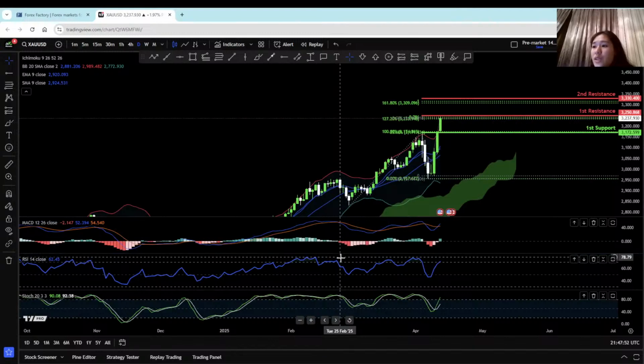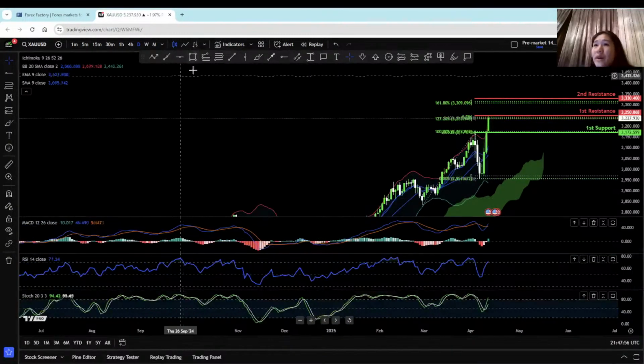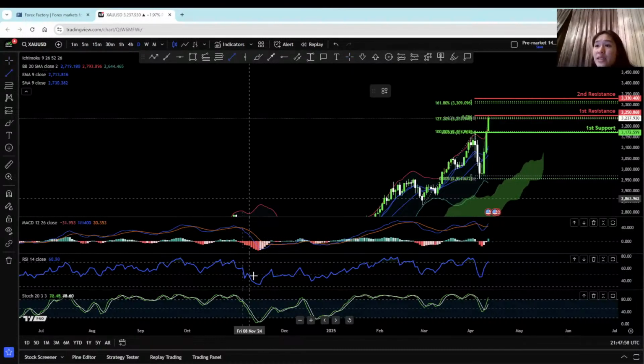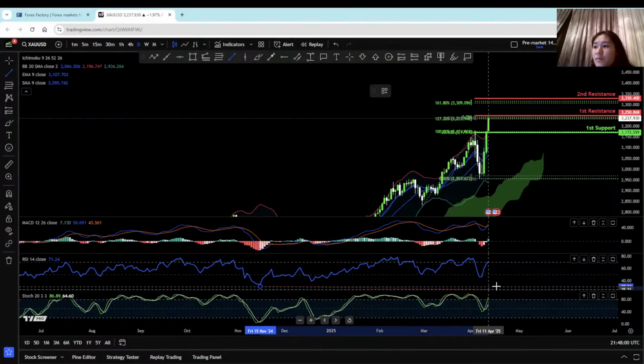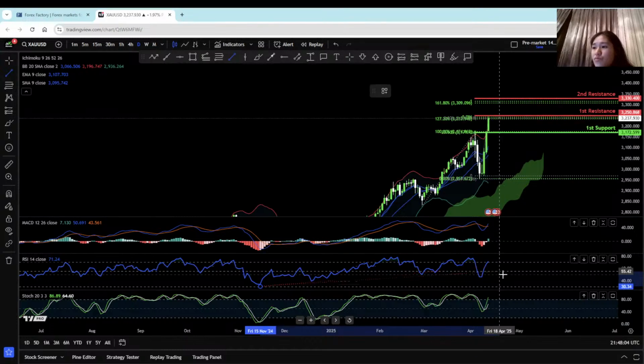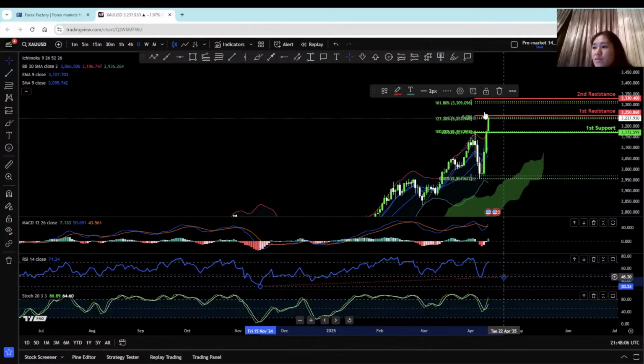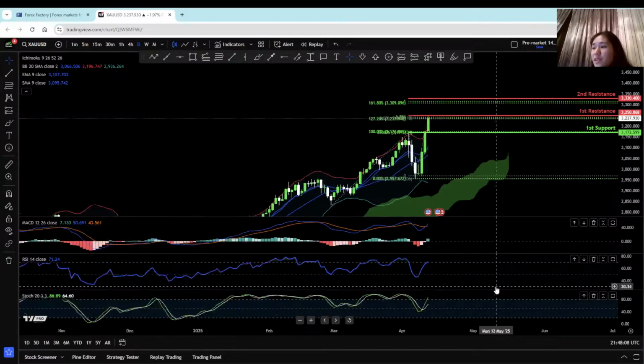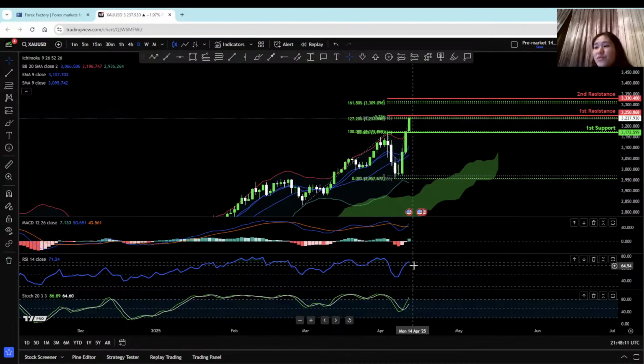Now with our RSI and stochastic, that's not really telling us much, except that we can definitely see prices kind of moving into the overbought regions a little bit.